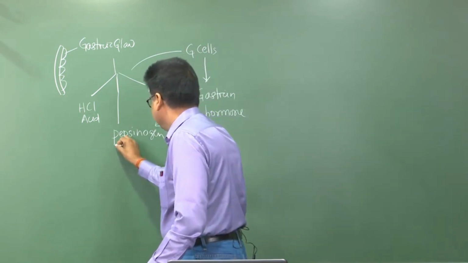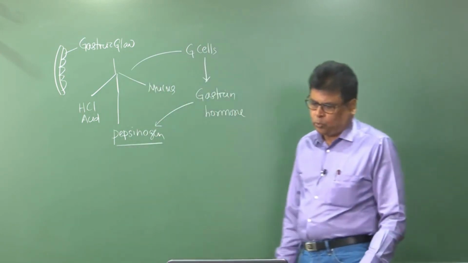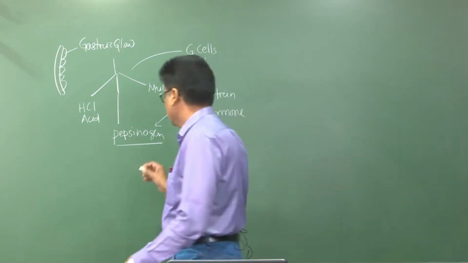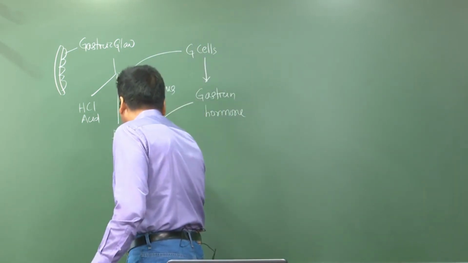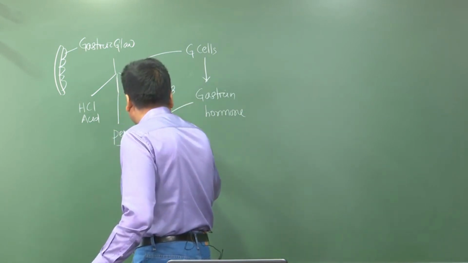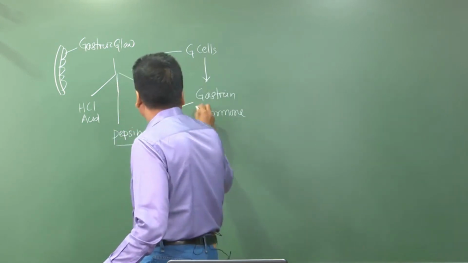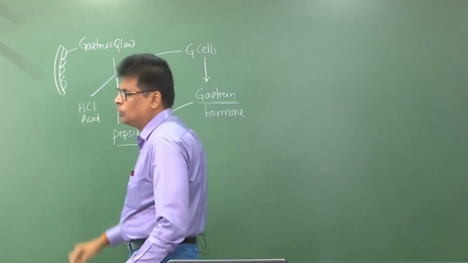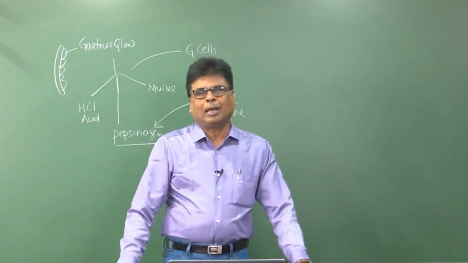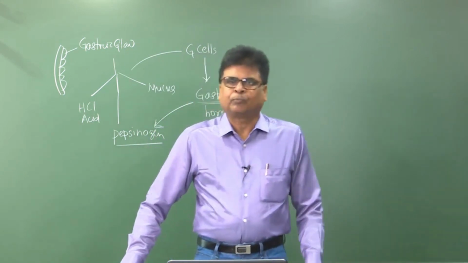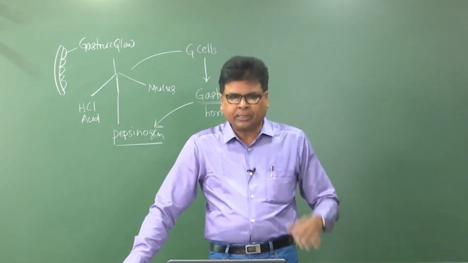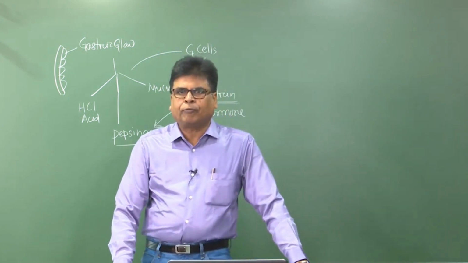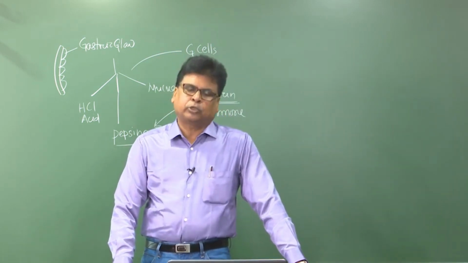And again, this pepsinogen is known as what? Proenzyme. This is not an active enzyme. It is known as zymogen or pepsinogen, and the secretion of the pepsinogen is stimulated by the gastrin hormone. This is also secreted from the gastric wall, especially from cells known as G cells. Okay, this is all about the secretion from the wall of a normal mammalian stomach.